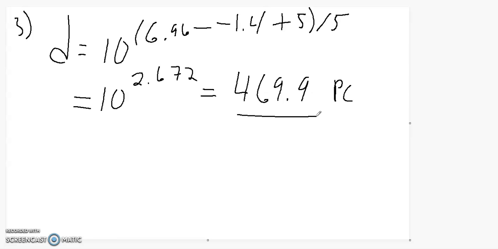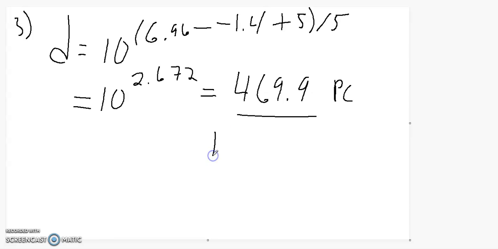And of course, if you had to change it to light years, you'd multiply it by 3.26. It doesn't say to do that in the problem, but here it is in light years.